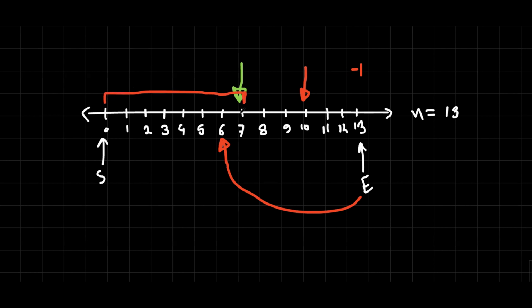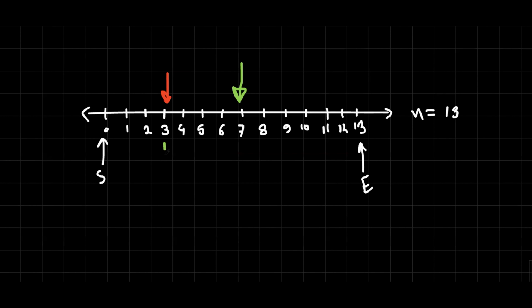Now, similarly, suppose my number is 7 and the opponent is guessing the number 3. That means here, the opponent's guess is less than my number. So here, we have to look for my number in this region.